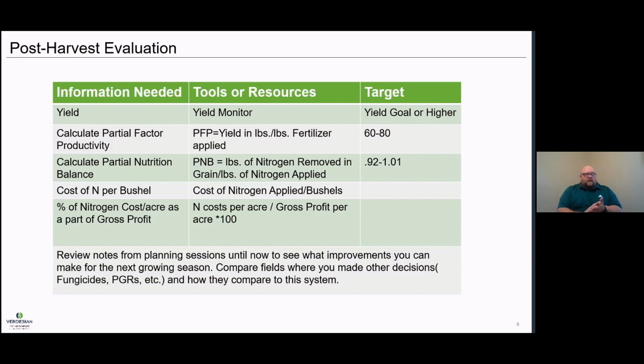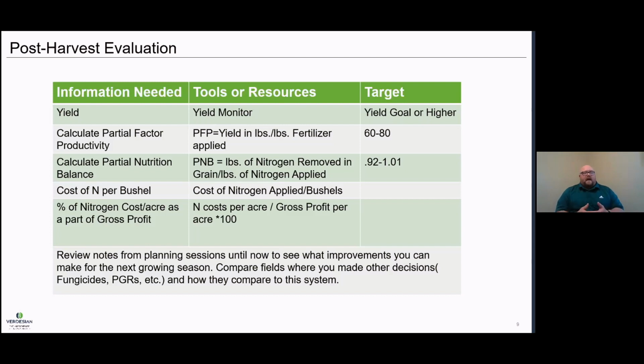And so then when I do all that, I take all the notes from the planning session up until here, I evaluate the decisions I made, and then I include things like, how did using a fungicide impact this? How did using PGRs or any other thing I did that could impact yield, plant population, and continually refine that system to improve my nitrogen use efficiency.